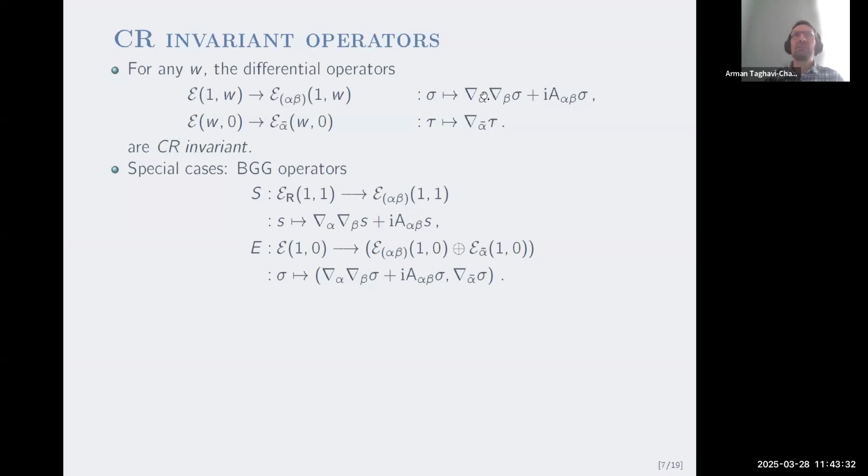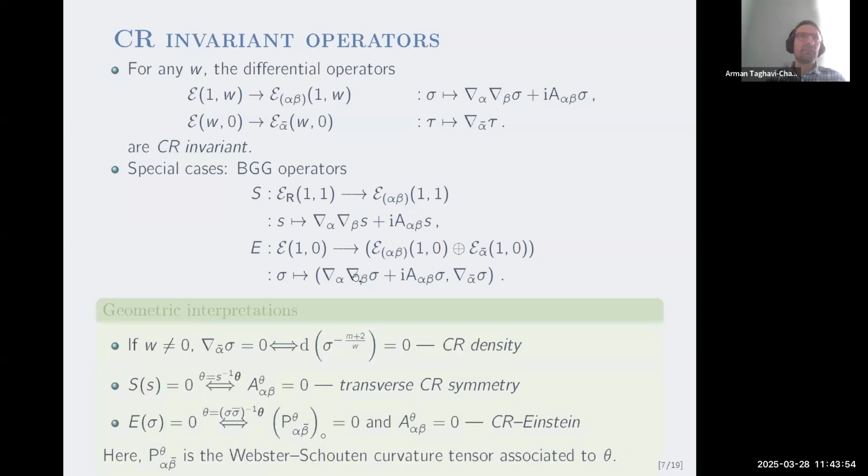Then there are some very special cases of these two operators. The first one is if I restrict myself to densities of weight (1,1), which are real, I get the same operator here, and I call this operator S. Another one is called the operator E.